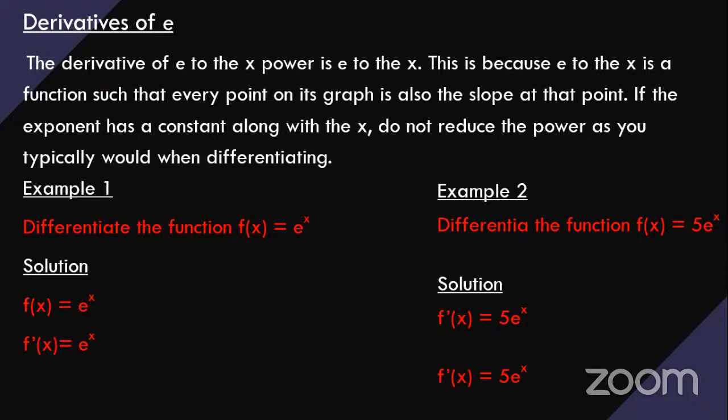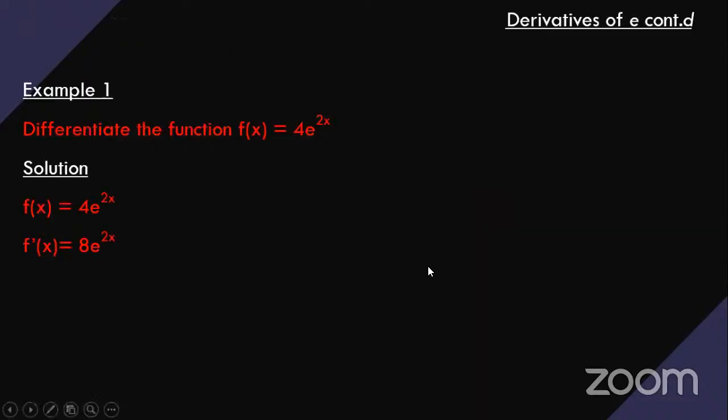When we look at example 2, the function f of x equals 5 to the power of x, the rule still remains the same. We are going to leave it the way it is. But what if this x that is raised to a power has a value by the side? Let's look at another example.